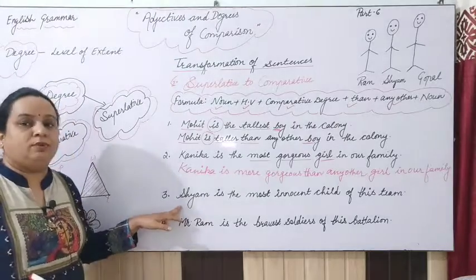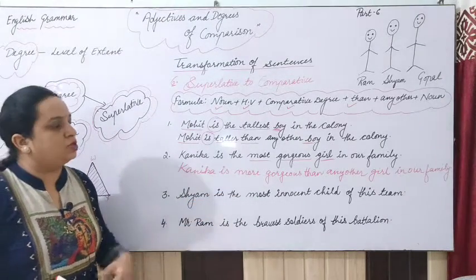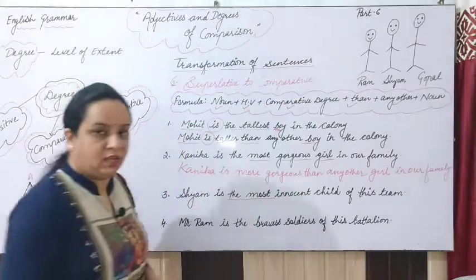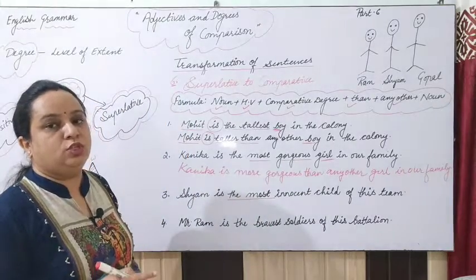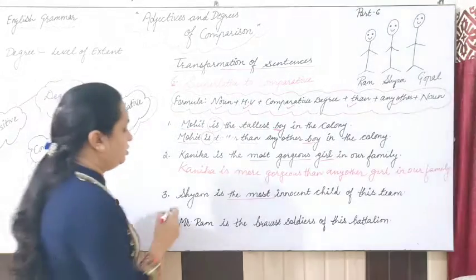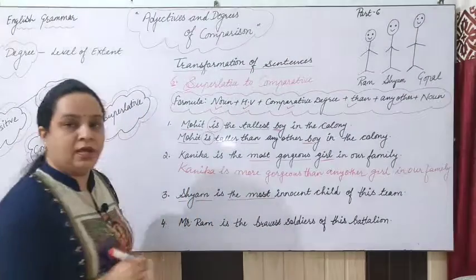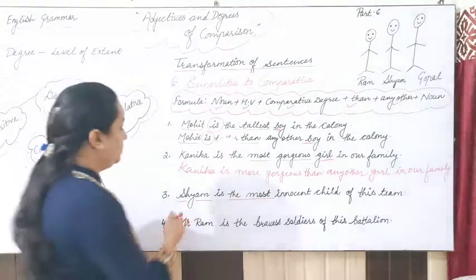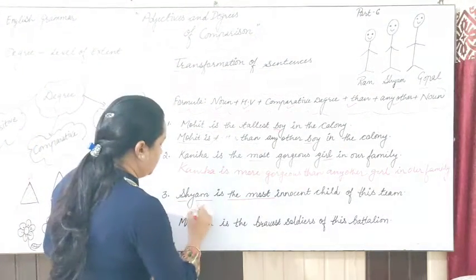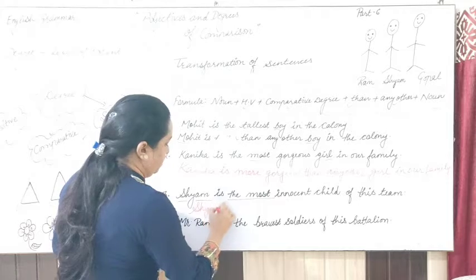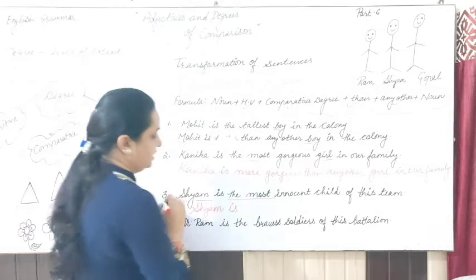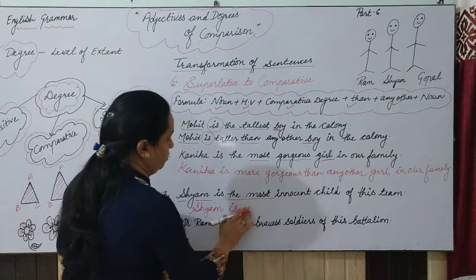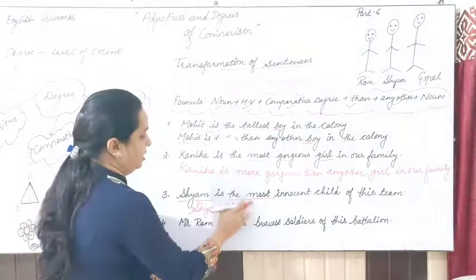Next is question number 3: Shyam is the most innocent child in the team. The most innocent means the superlative degree is being used, which you have to change into the comparative degree. We are talking about Shyam here, and the second noun is any other child. So what will you do here? Shyam, then the helping verb is. After that we have to use than, and the comparative degree.